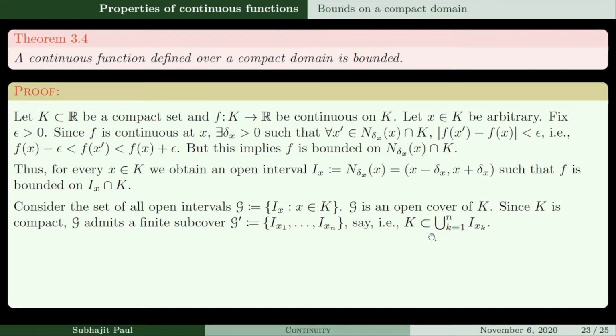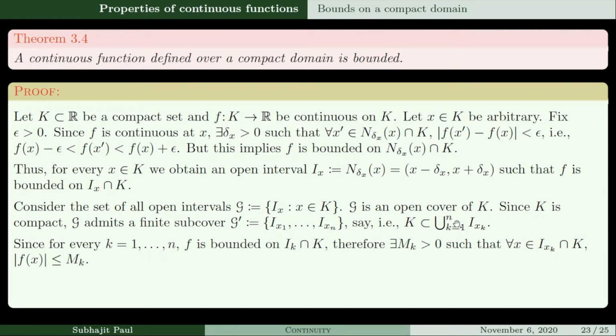That is, K will be contained in the union of all these I_xk, k running from 1 to n.